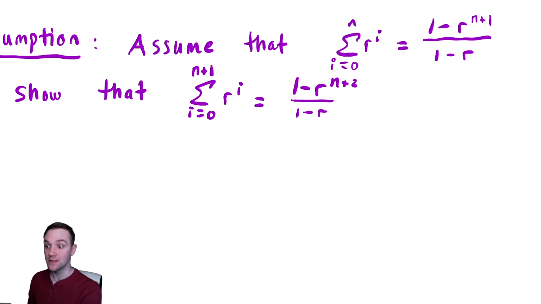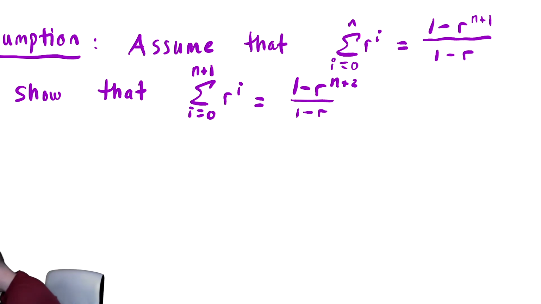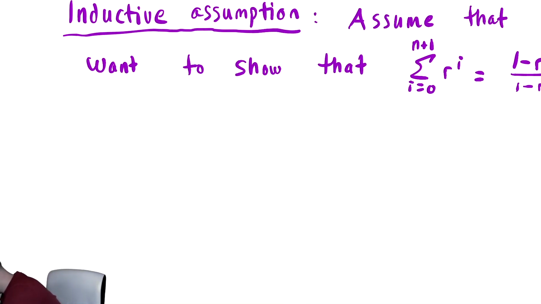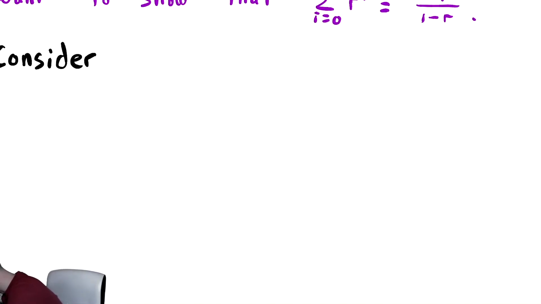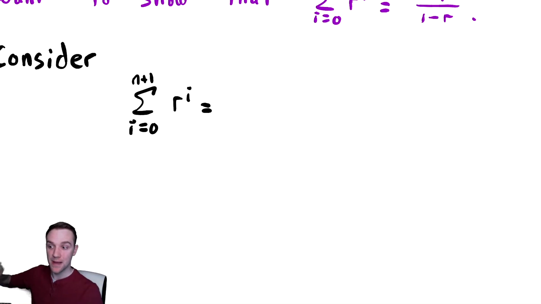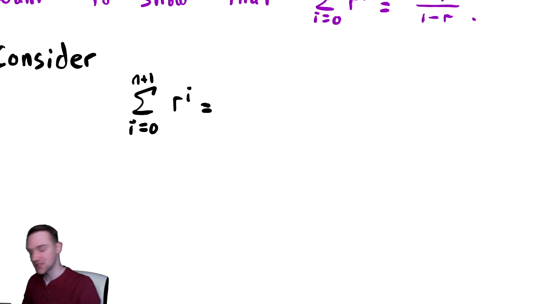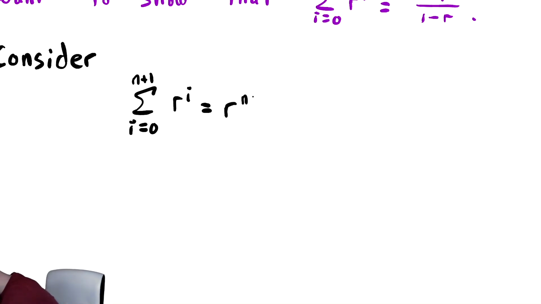And just as we've done for several examples in the past, we begin by considering that summation, the n plus first summation, and then doing algebra to try to show that it will equal the formula on the right-hand side. So begin by telling the reader you're going to consider that summation. Consider. We're going to write down that summation. The sum from i equals 0 to n plus 1 of r to the i is equal to, just as we have done in the past, we are going to peel off the final term of the summation and write this as r to the n plus 1 plus the sum from i equals 0 to n of r to the i.